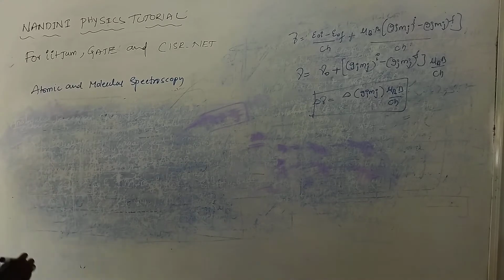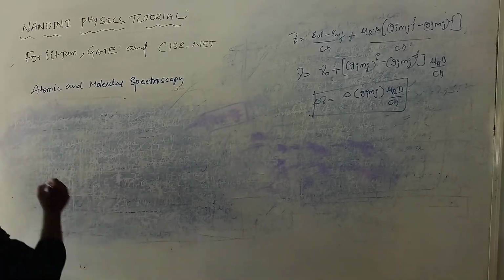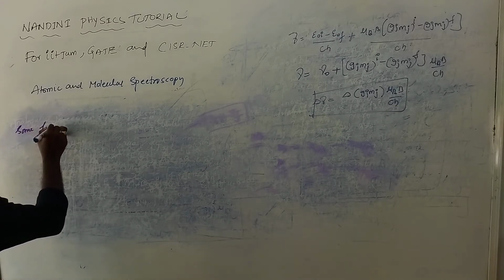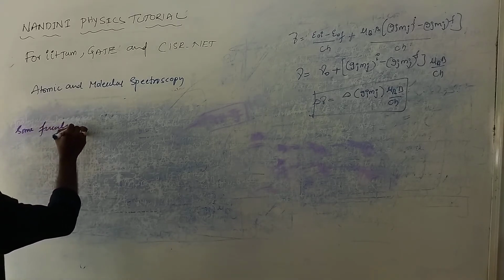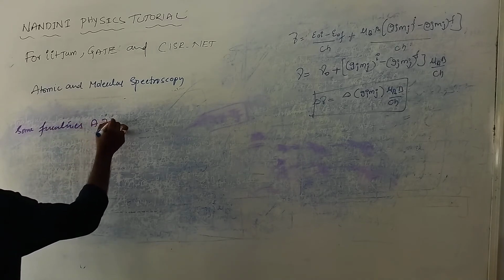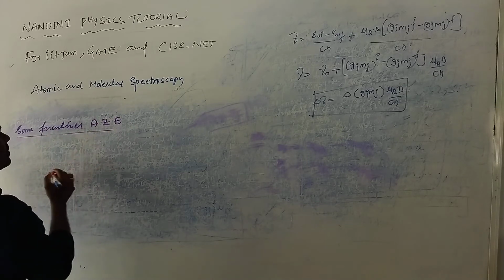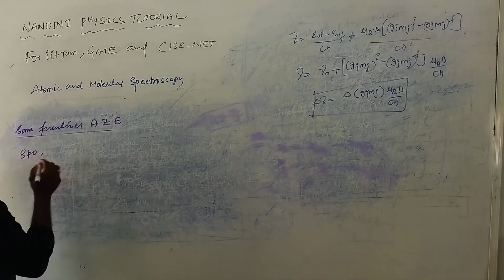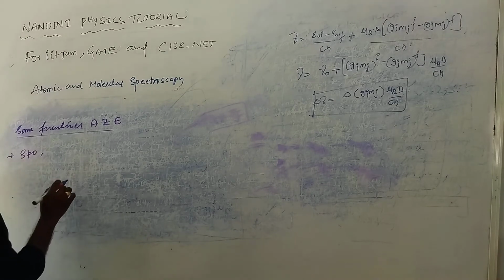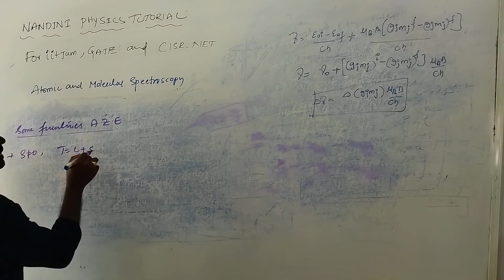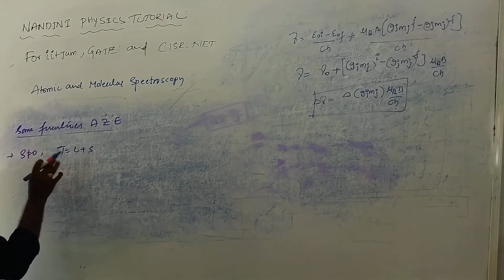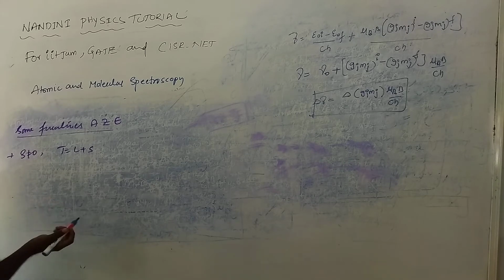Some important features of the anomalous Zeeman effect. S is not equal to 0. This is the first feature: spin is never equal to 0 and J is always L plus S only, because J is the total angular momentum, spin momentum plus orbital momentum.